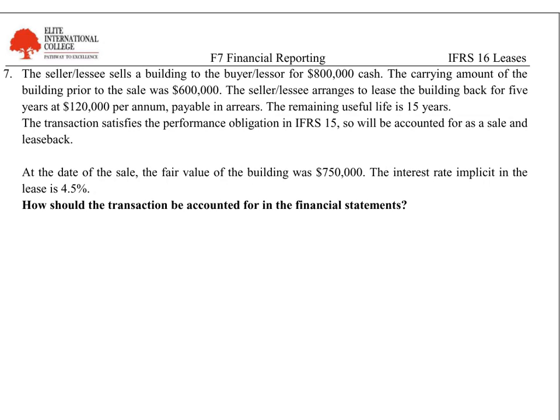Lease back for 5 years, 120 payable in arrears. Remaining useful life is 15 years. I just want to lease back 5 years. The transaction satisfies IFRS 15, so you account for it as a sale and leaseback. Fair value is 750. Interest rate is 4.5.